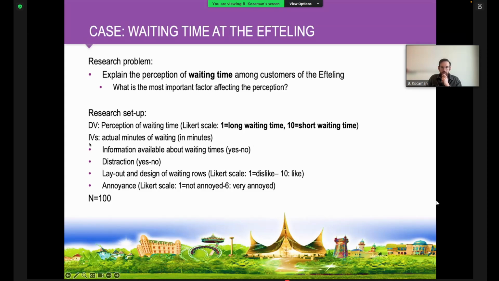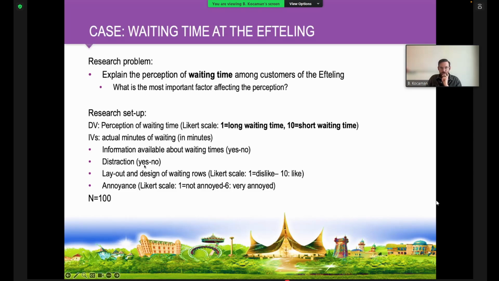As independent variables, you have actual minutes of waiting, which is really an objective measurement of how much you waited. Then whether information is available about the waiting times at the lines, yes or no, so it's a dummy.